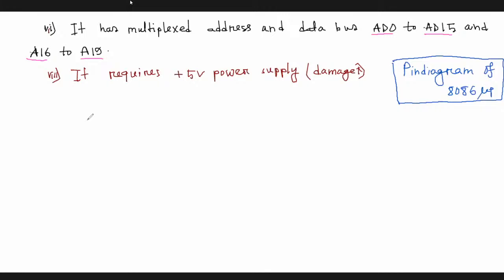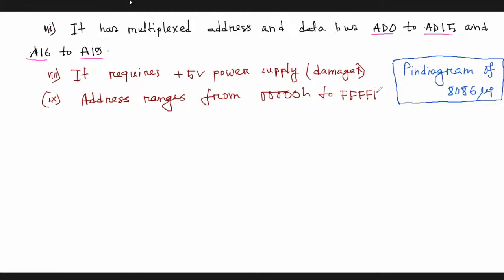Starting address is 50x to 5Fx. So address ranges from 50x to 5Fx. Okay, this is your assignment. Just draw the pin diagram and explain each and every pin.